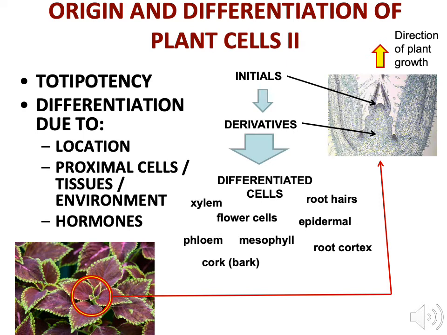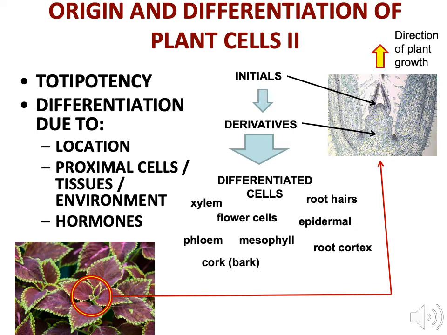Totipotency means that a plant cell could conceivably become any cell in the entire plant. It's got total potential. That's what it means. You create a derivative from a cell division of an initial. That derivative could be any differentiated cell in the plant. Could be a xylem cell, could be a phloem cell, could be a flower cell, could be any type of cell. And you'll see that in the diagram to the immediate right.